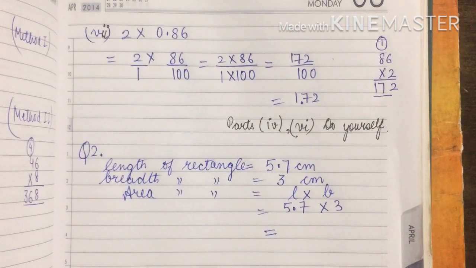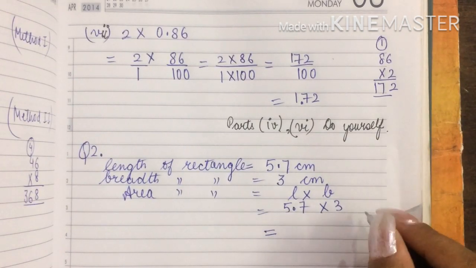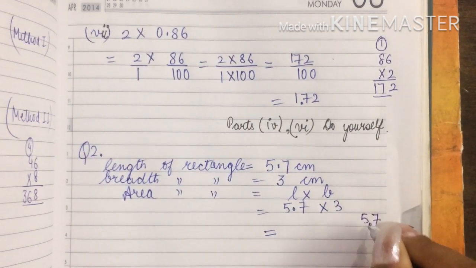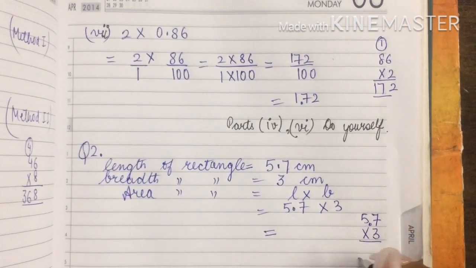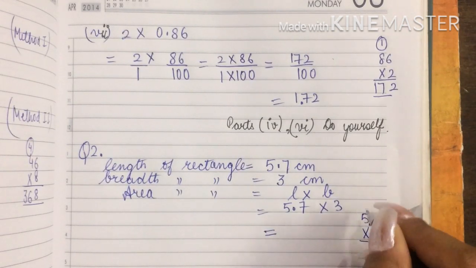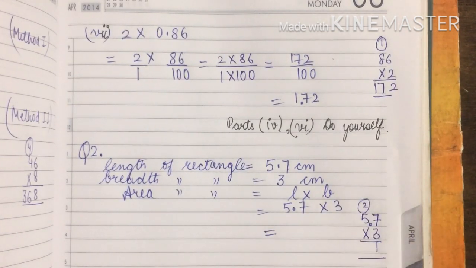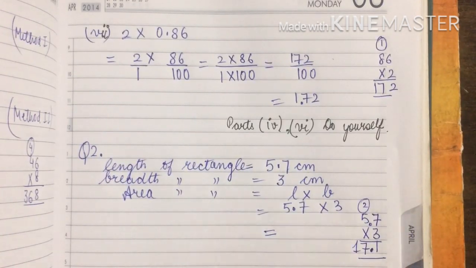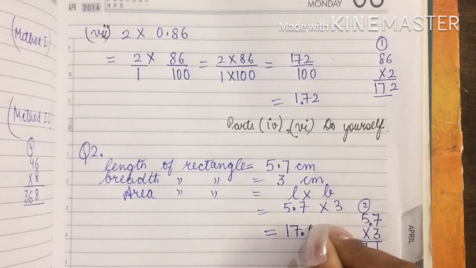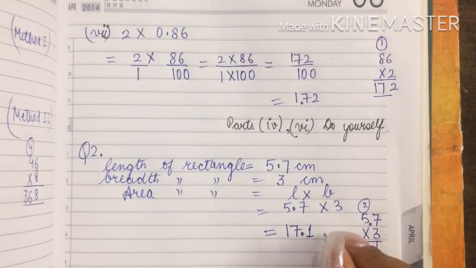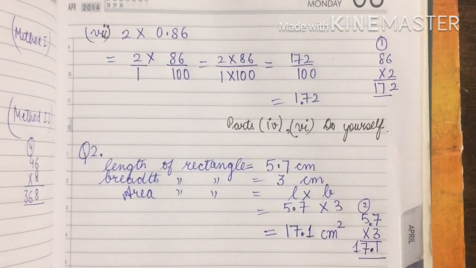You can use any method again to find the answer. I am multiplying directly. 5.7 multiplied by 3. 3 sevens are 21. 3 fives are 15 plus 2 is 17. Point exactly below the point. So the answer is 17.1 and the units of area are centimeter square.